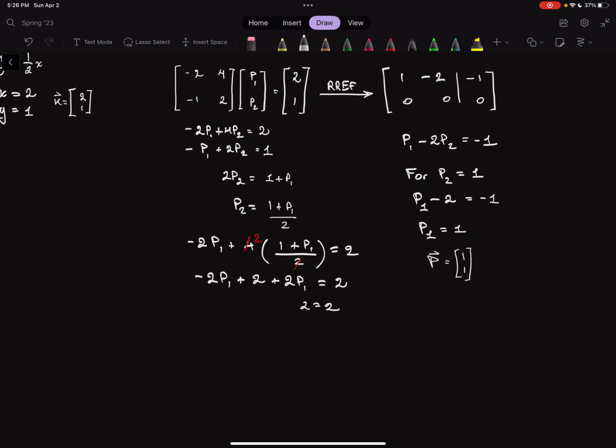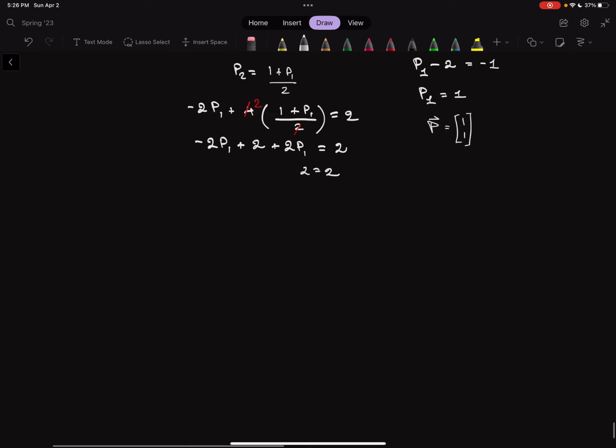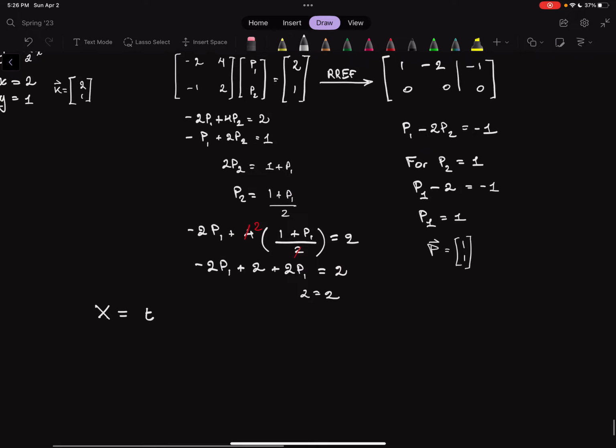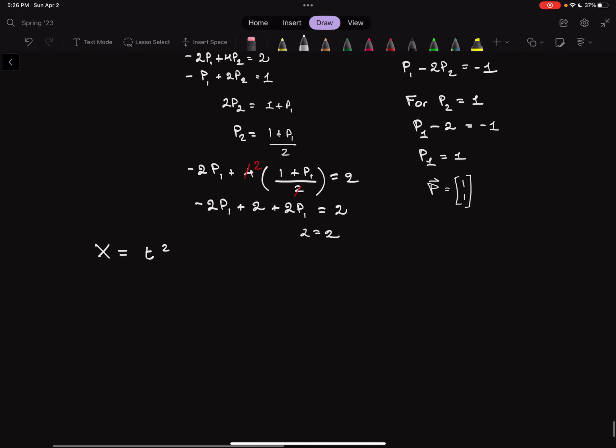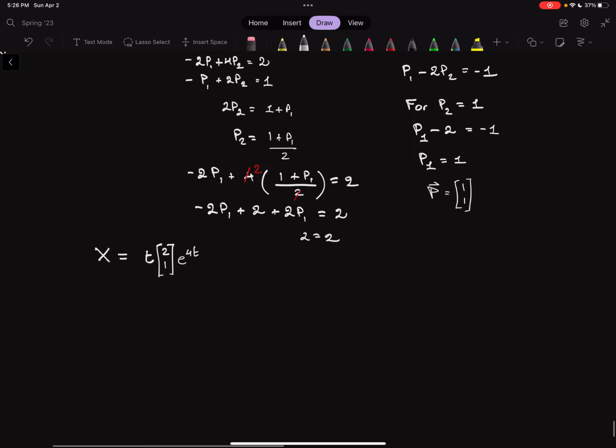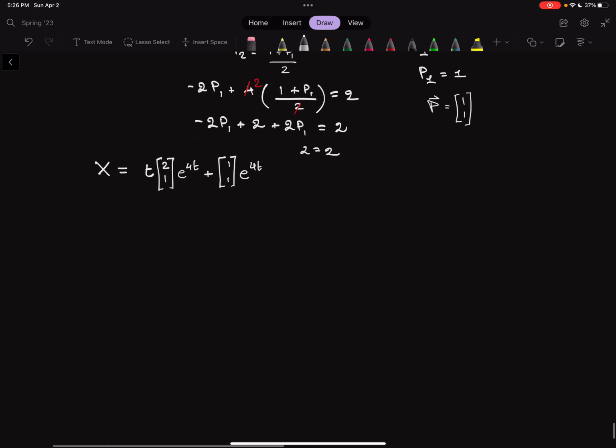And now from the theorem above, we can say that a second solution is this solution right here. It's going to have t times k, which we found to be 2, 1, times e to the 4t plus 1, 1 times e to the 4t. Now be careful, this is not a general solution. This is one solution.